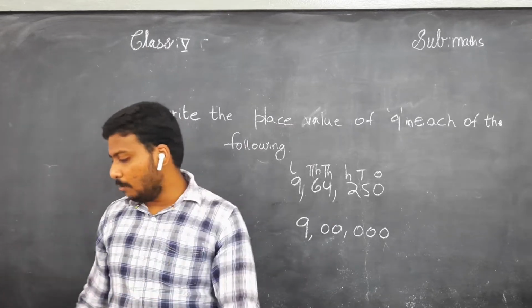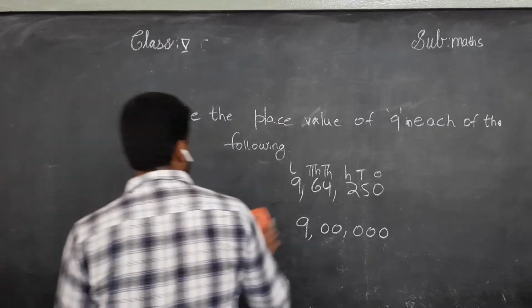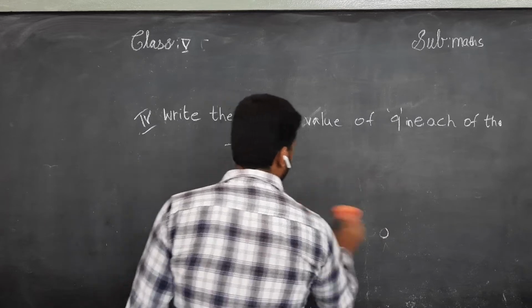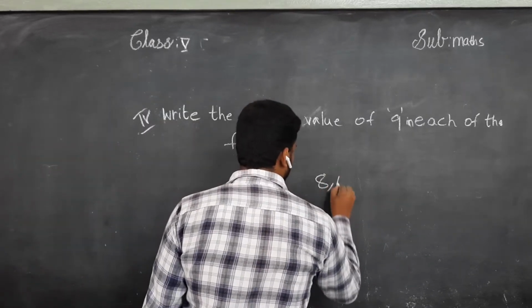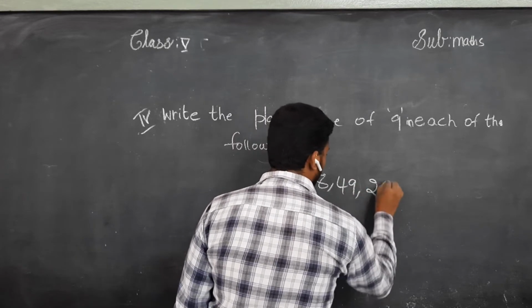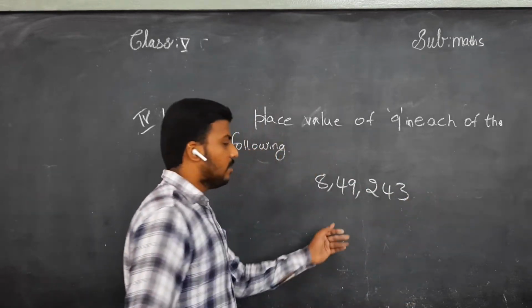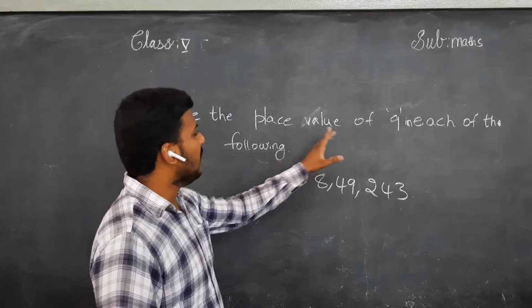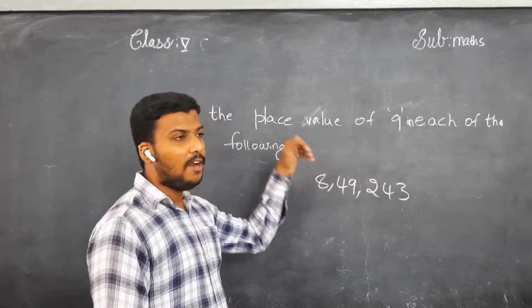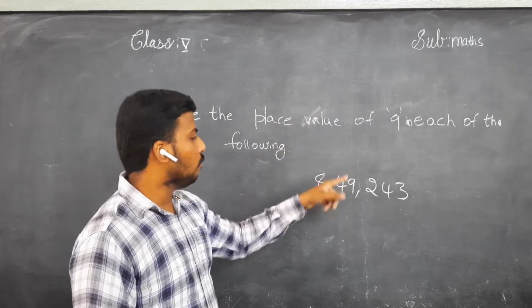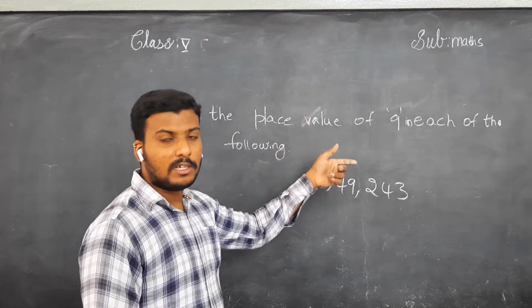We'll see one more example children. See, this is one more example. Say, write the place value of 9, only the number 9. We have to find the number 9 and we have to write according to the place value which term it denotes.